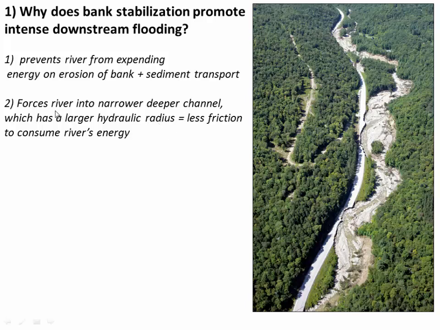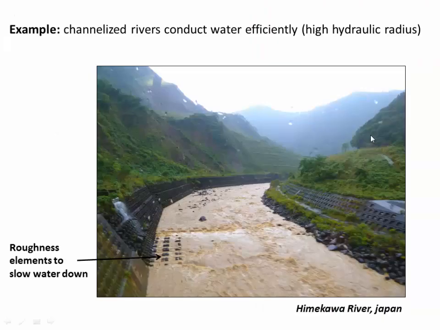Likewise, bank stabilization forces rivers into narrower, deeper channels, which tend to have larger hydraulic radii, which have less friction to consume the river's energy. So instead of being able to spread the river out across a wider area with more friction, we force the river into a narrow, confined channel, which tends to have a lot less friction.